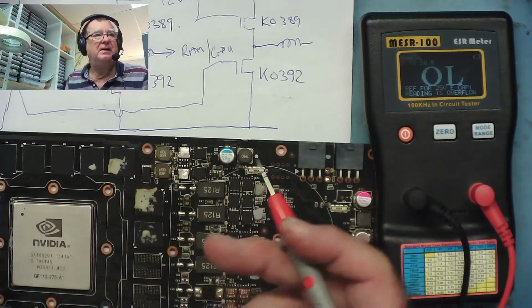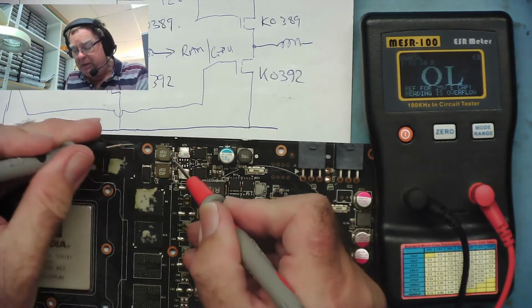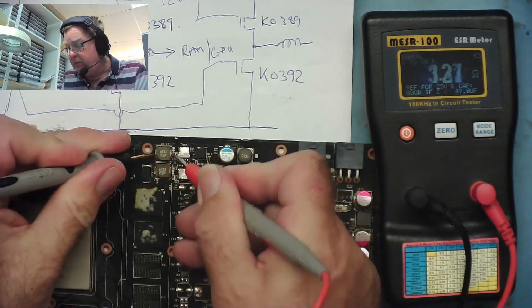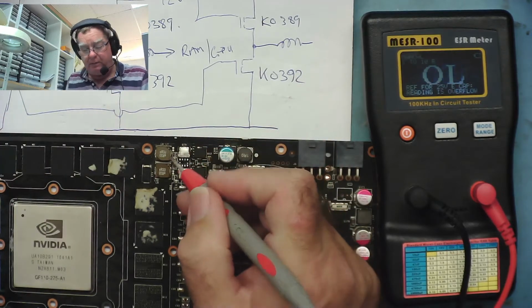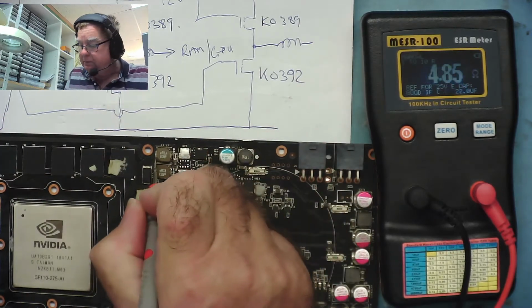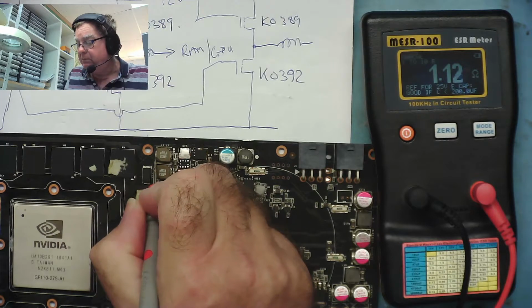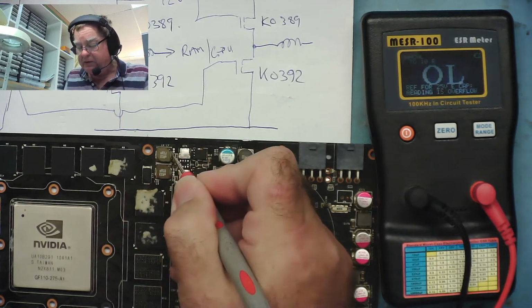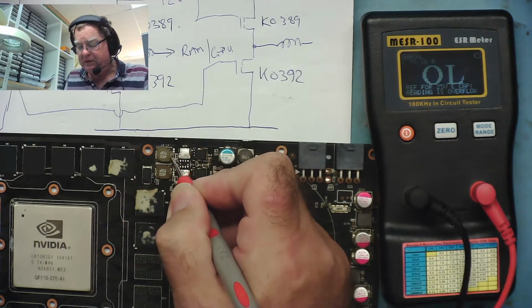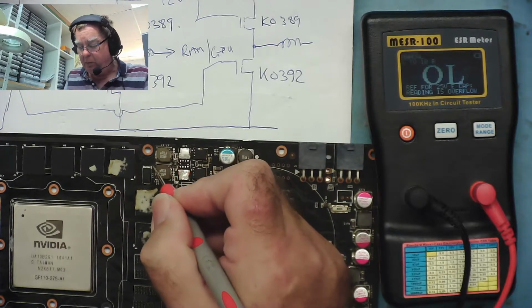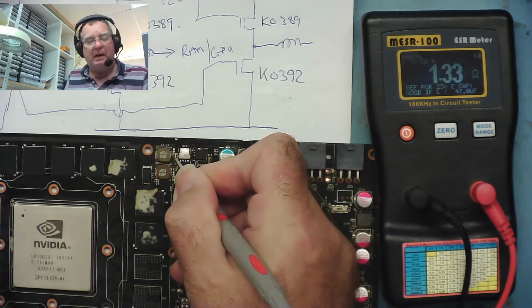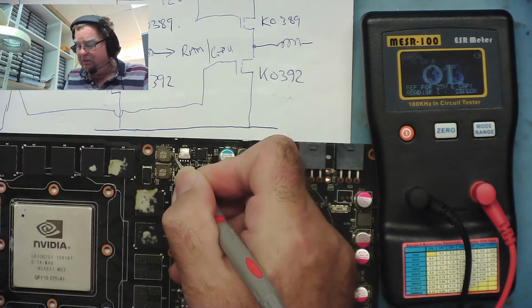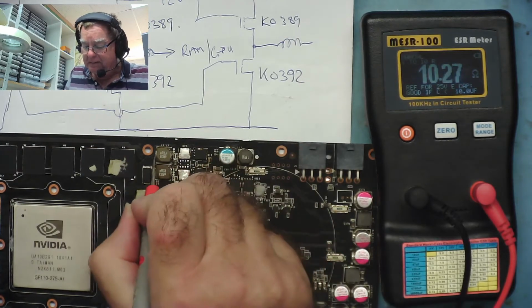But if you measure across this coil, you see the coil itself has a resistance of about 1.3. So if I'm seeing from this side about 1.1, I should see about 2.4 from the other side. So that's the 1.3 here, and then the 1.1 to ground. And I'm not. I'm just seeing this side is a little bit higher than this side.